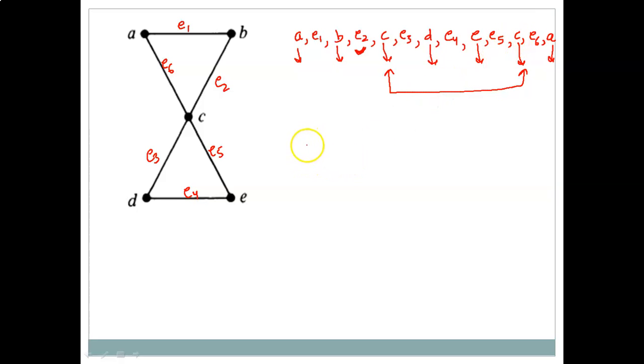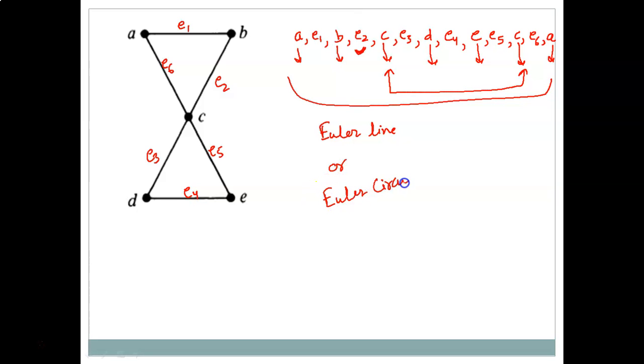So in fact, this whole description denotes an Euler line, or you can say the Euler circuit. So I think the idea of Euler line or Euler circuit is clear with this example, and the whole graph can also be known as an Euler graph.